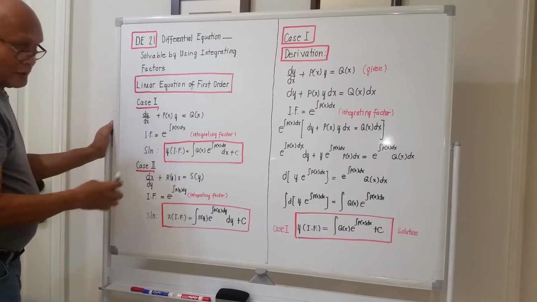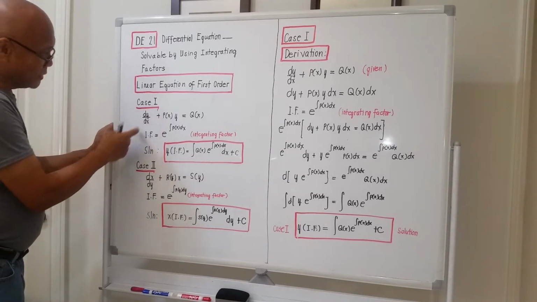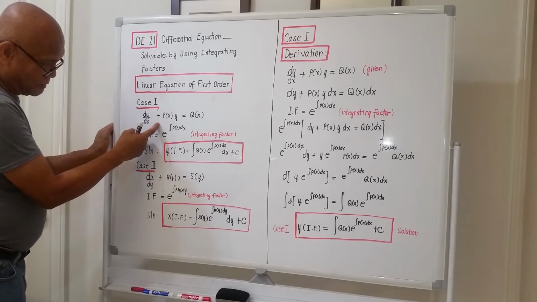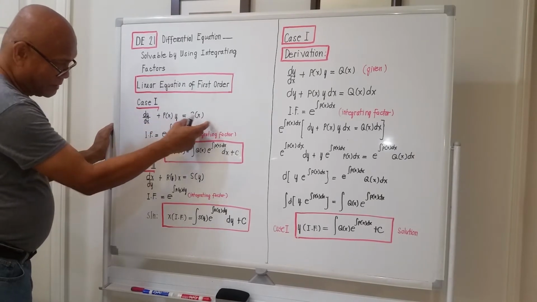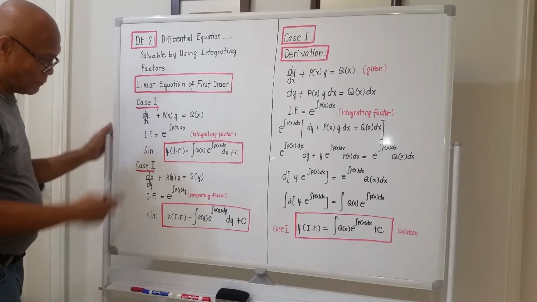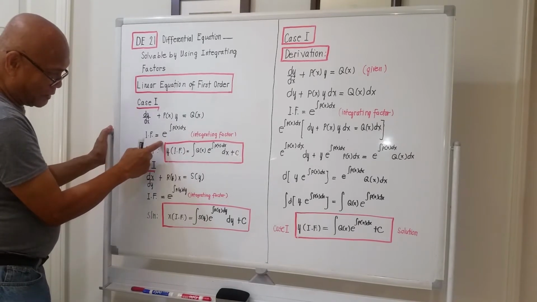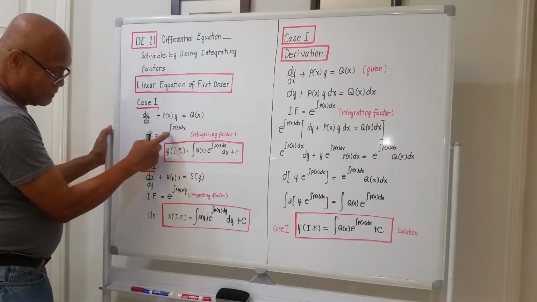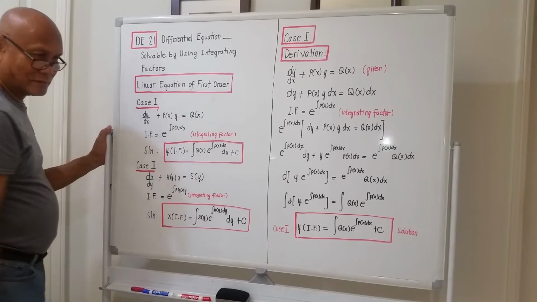Case number 1. If the given differential equation is of the form dy/dx plus p of x times y equal to q of x, the integrating factor for case number 1 will be e raised to the integral of p of x dx.